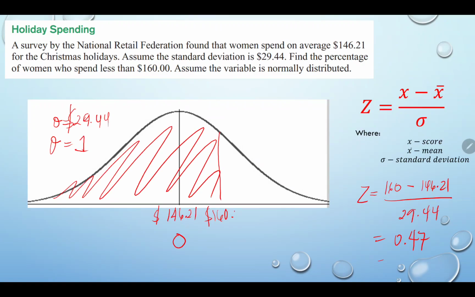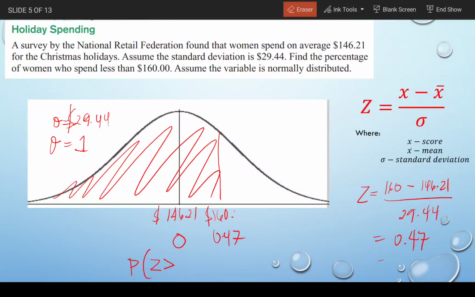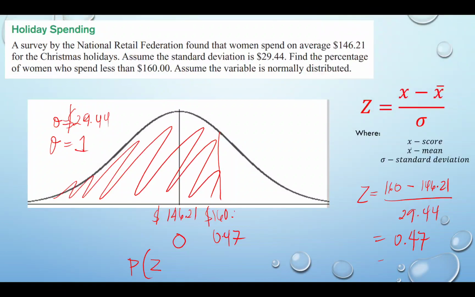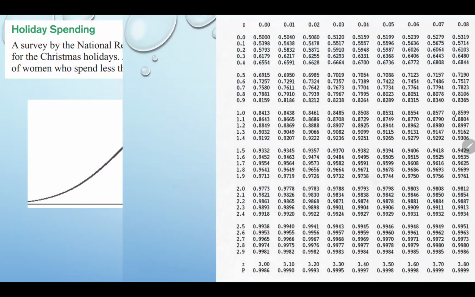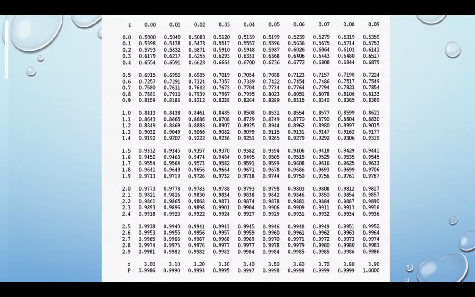So the probability of the z-score that is less than 0.47, the answer will be 68.08%.